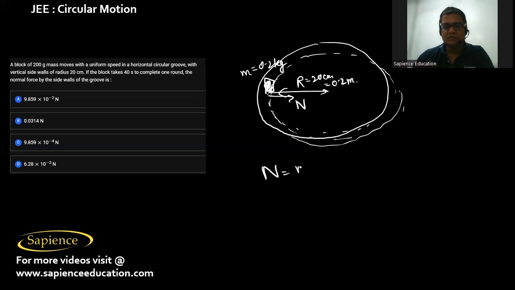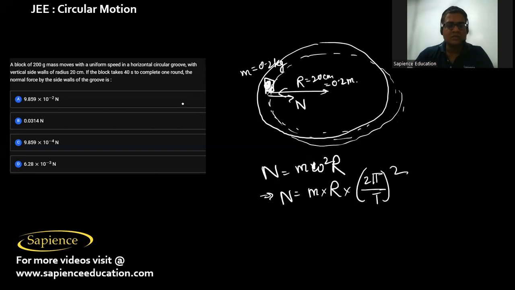So the normal force will provide the necessary centripetal force. So N equal to m omega square r, then N will be equal to m into r into omega square. Now omega is 2 pi by T, so (2 pi by T) whole square.